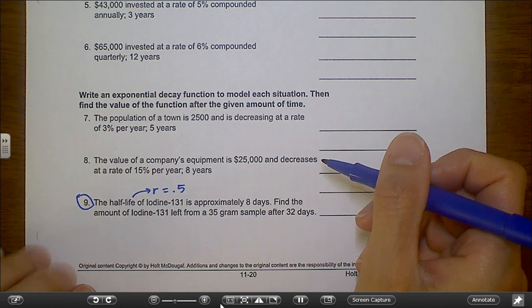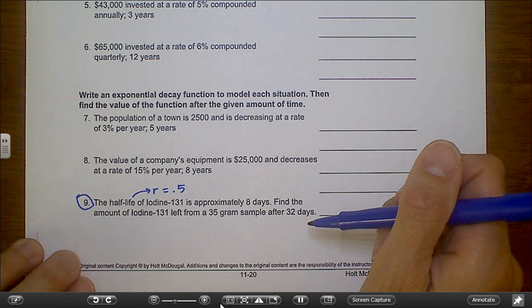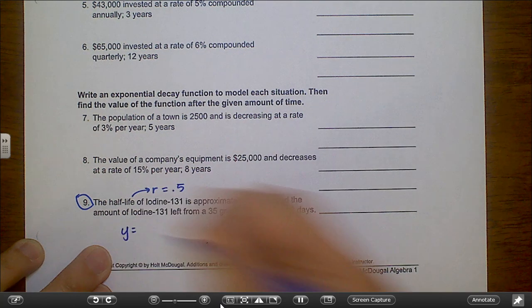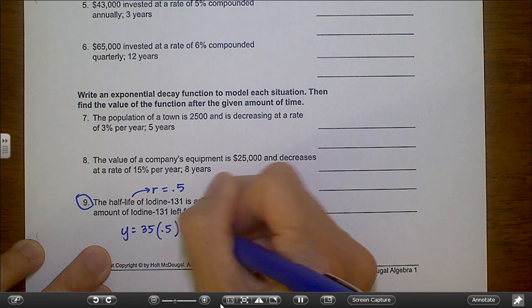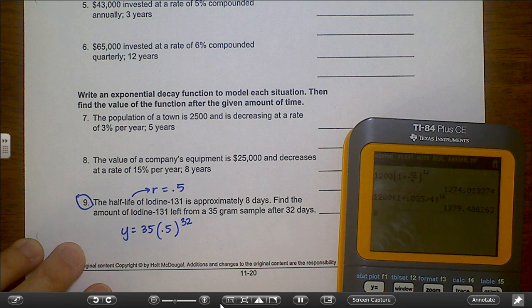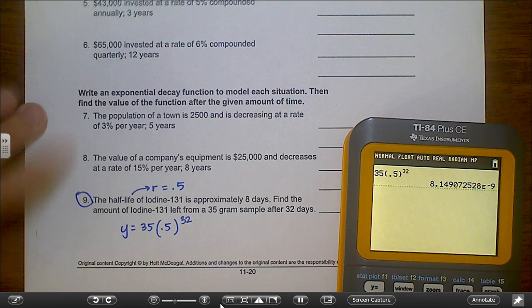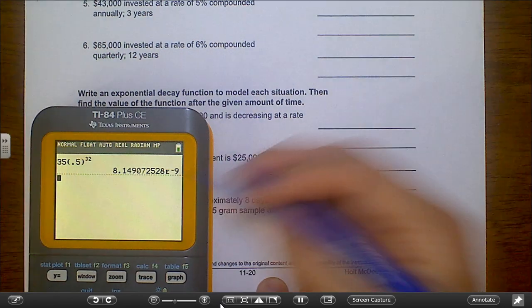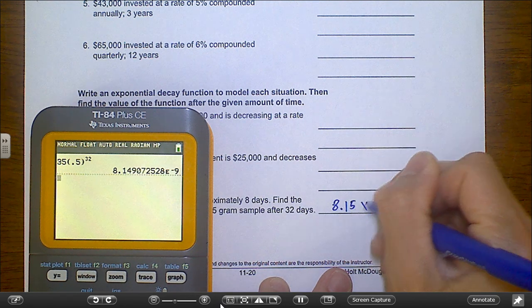So you'll put your R in as 0.5. So Y equals 35 times 0.5 to the 32. I feel like I'm missing part of that. I think there's something that has to do with days. Give me a second. So remember, this E negative 9 means 8.15 times 10 to the negative 9.